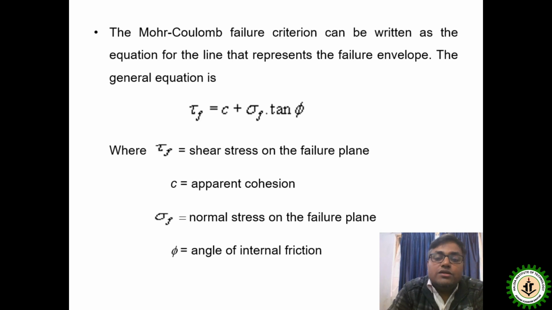When the normal stress is acting, the shear strength automatically comes into effect to resist or bear the normal stress, and the maximum amount of shear strength is given by this equation, c plus sigma f tan phi, where c and phi are internal properties of the soil mass, cohesion and internal frictional angle, and sigma f is the normal stress coming from the foundation.